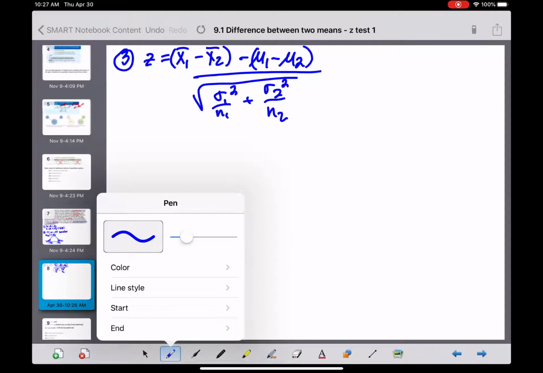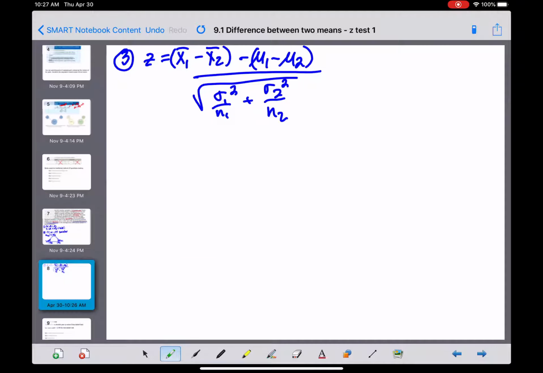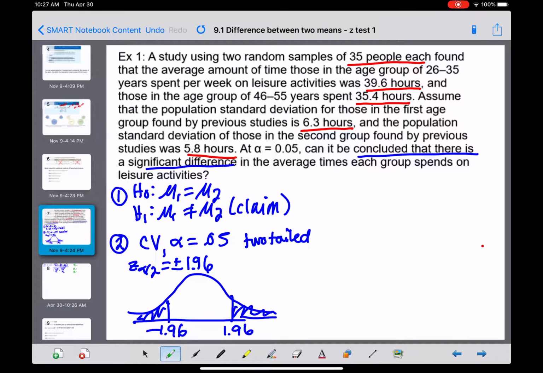Okay, so let's write down our values. x1 bar, sigma 1, and n1. If we go back, this is our first age group. The n is 35 for both. 39.6 is our average, and the standard deviation is 6.3.